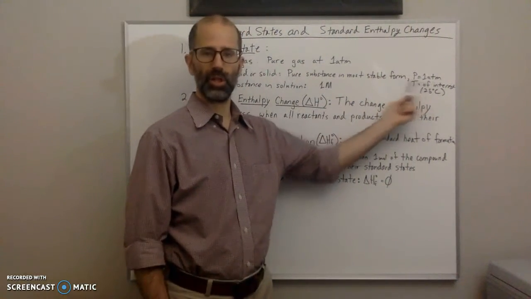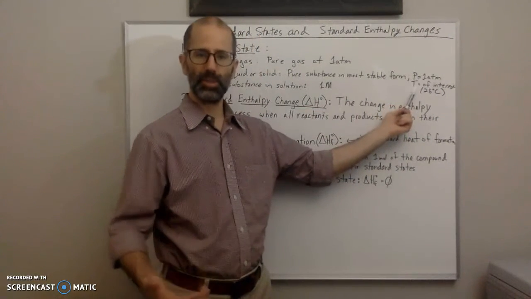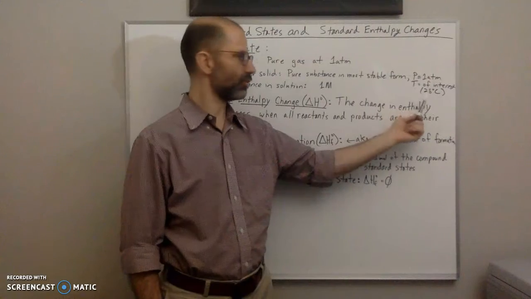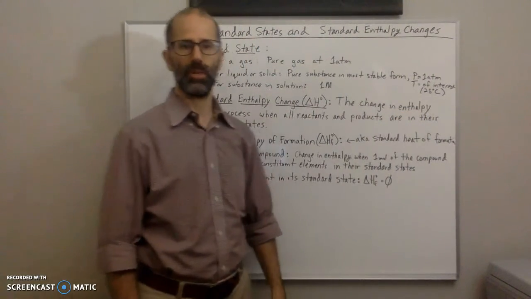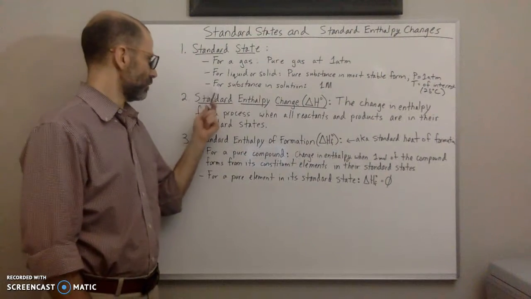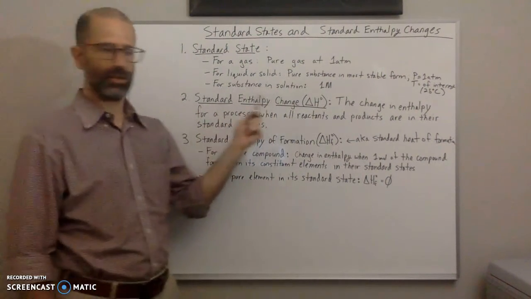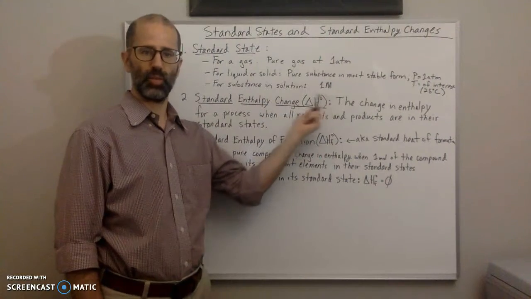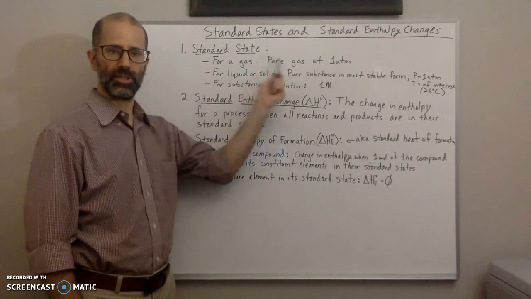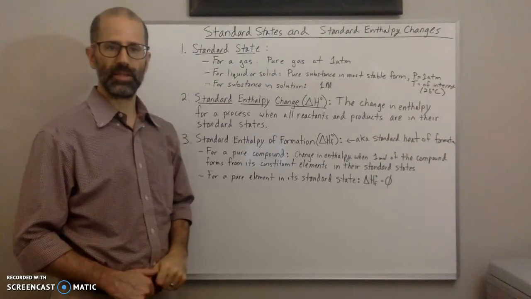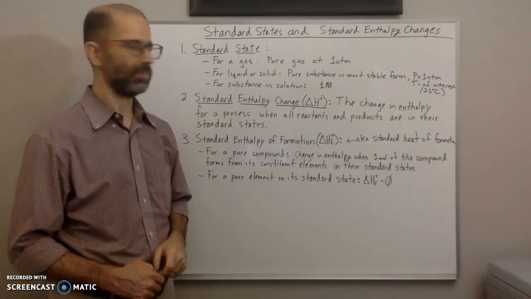Also, under a pressure of 1 atmosphere, and at a temperature of interest, usually 25 degrees, or what is typically considered room temperature. And for substances dissolved in solution, the standard state is that the solution is 1 molar. So these are the standard conditions for liquids, solids, gases, and solutions.